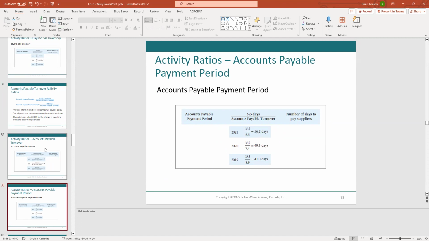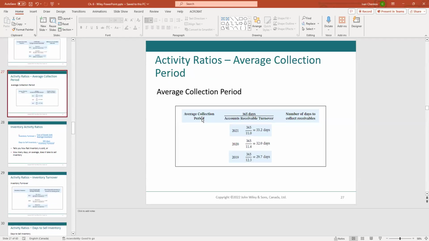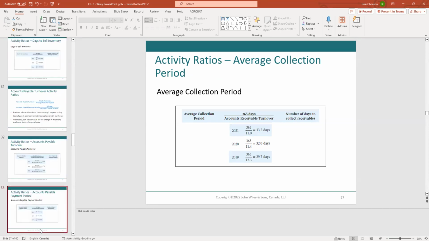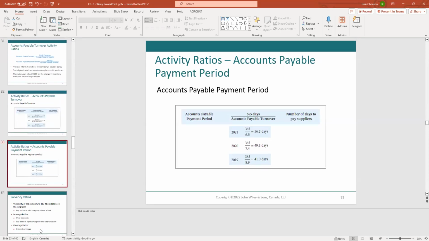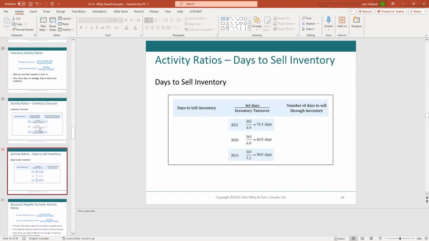Now, having in mind that the accounts receivable collection period is increasing, we have to match it somehow with accounts payable. Make sense? We have to look at those three ratios in correlation.